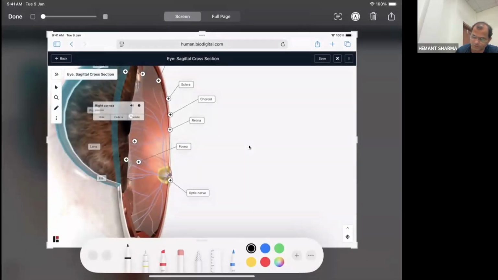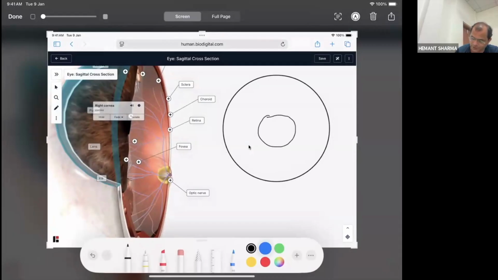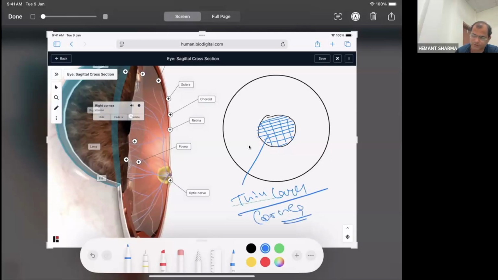So there is one ball and you have made one hole and put one very thin polythene so that we can see from the outer to the inner side. This thin layer is called cornea. इसे हम cornea कहते हैं.